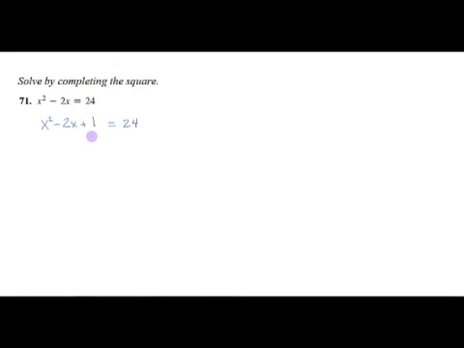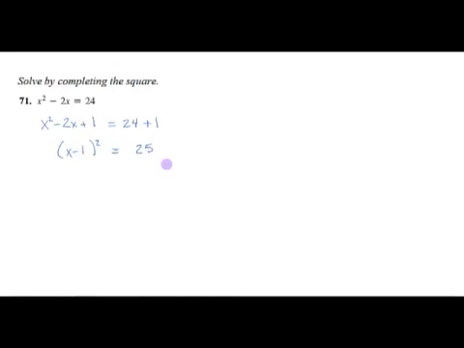Now, you know with equations we can't just add 1 to one side of the equation. We have to add 1 to the other side as well to keep the equation balanced. So I'm going to go ahead and write this in its factored form, (x − 1) quantity squared. And on the right side, I'll have 25.